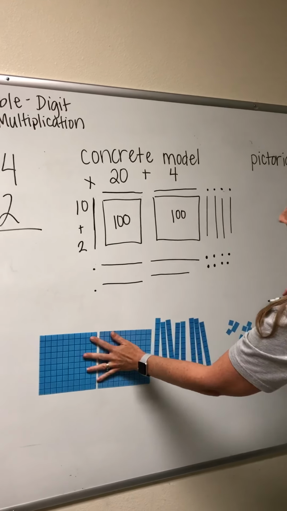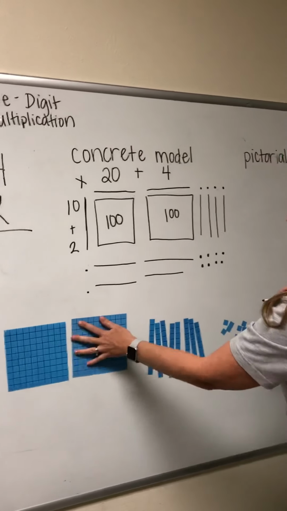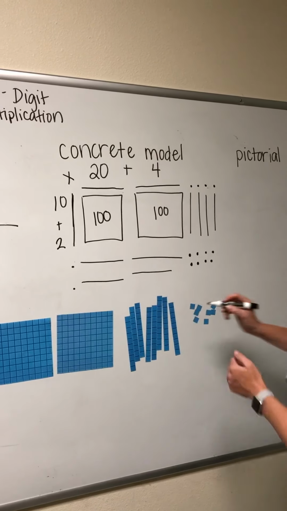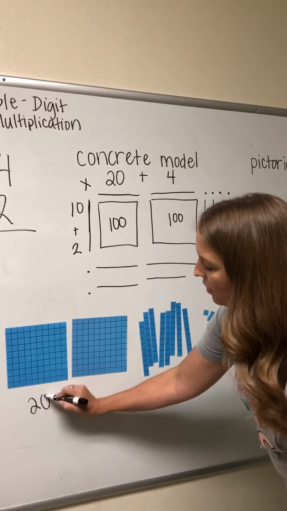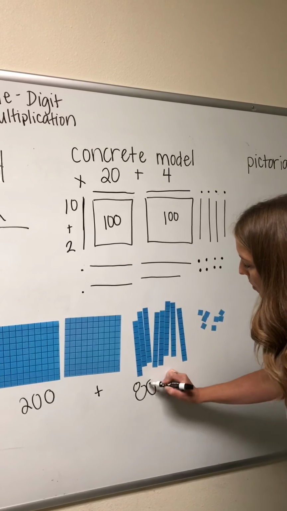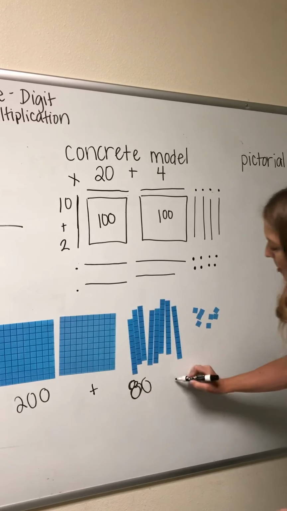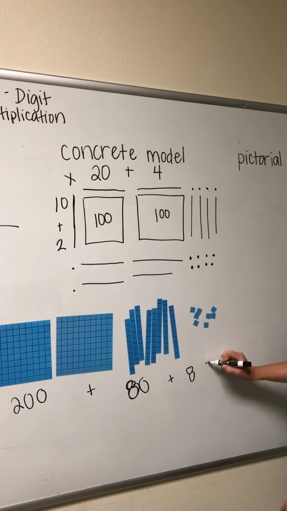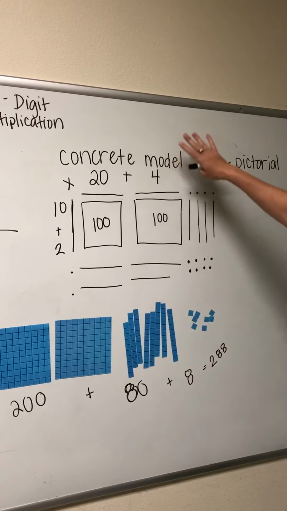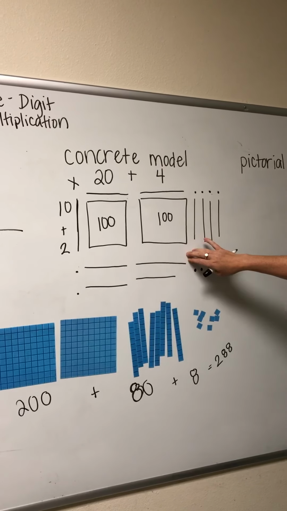So I know that I have 2 hundreds, I have 8 10s, and I have 8 1s. So I can represent that 200 plus 80 plus 8 to find that my total was 288. So that's a way to show it with the concrete model and the pictorial model.